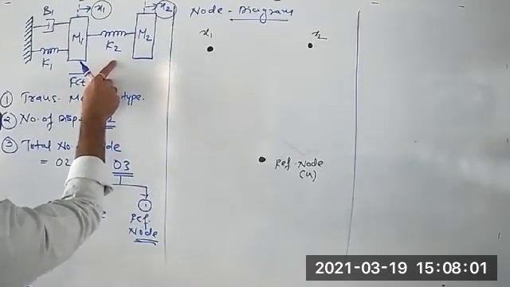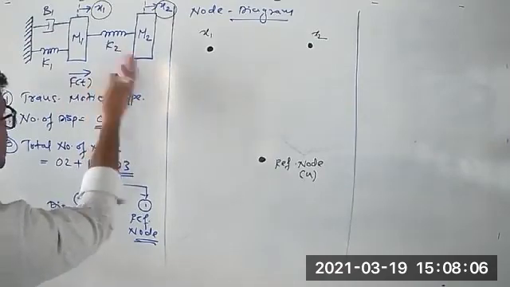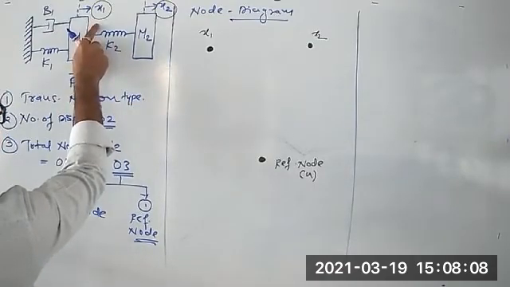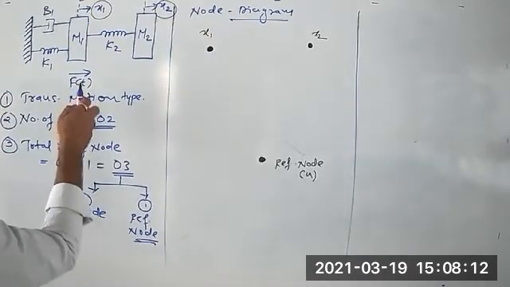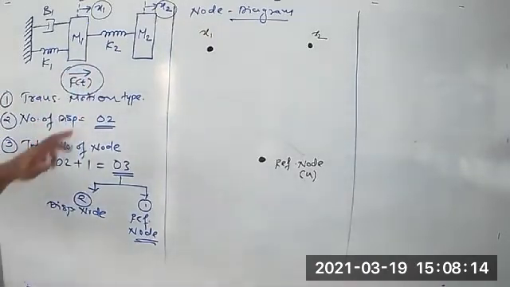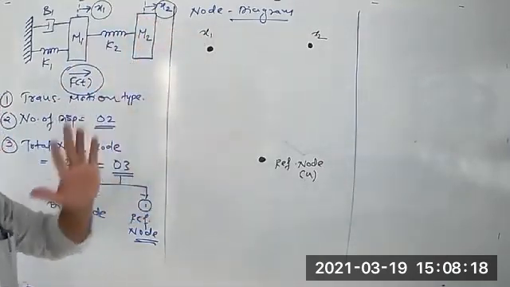If you see this diagram very carefully, we have the spring constant K2 connected in between the first displacement node and the second displacement node. Apart from this, we also need to connect the input excitation force F of t in between the first displacement node and the reference node.